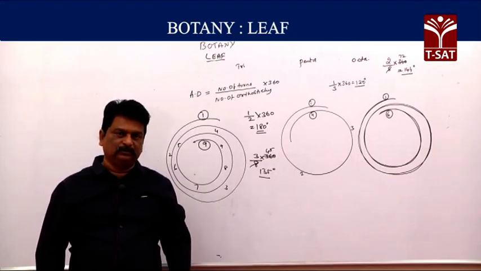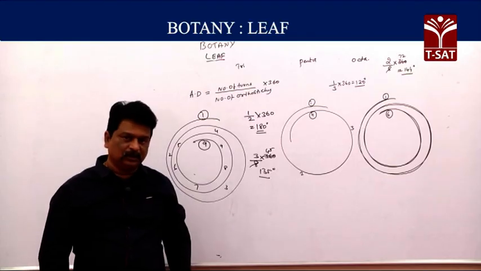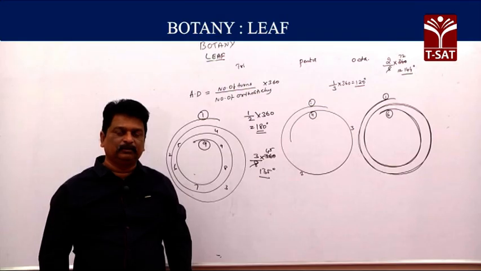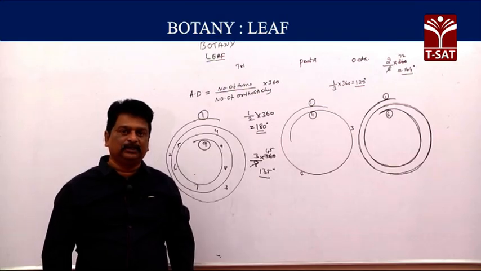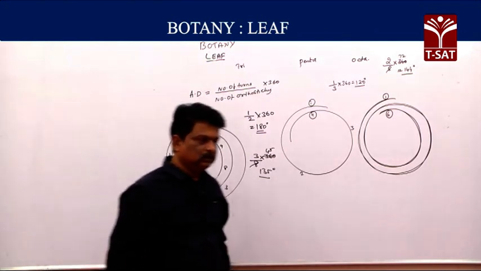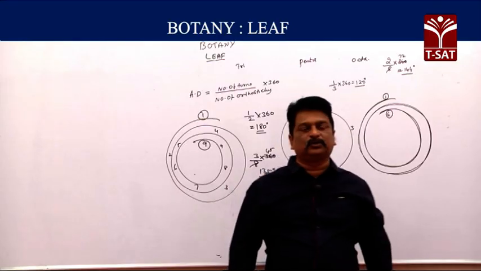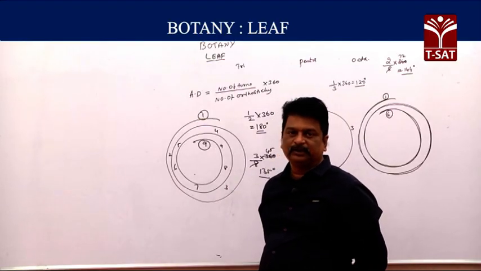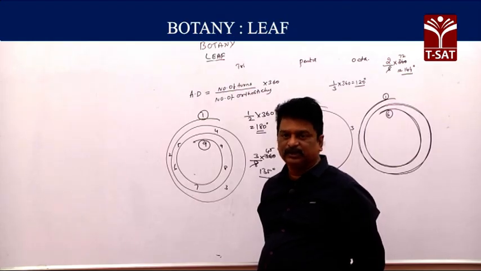What is the leaf definition I told already in the first. Leaf means a lateral appendage, a flat green part developed from the node from the shoot apical meristem, and their arrangement is acropetal. Acropetal means younger leaves at the apex and old leaves present at the base.